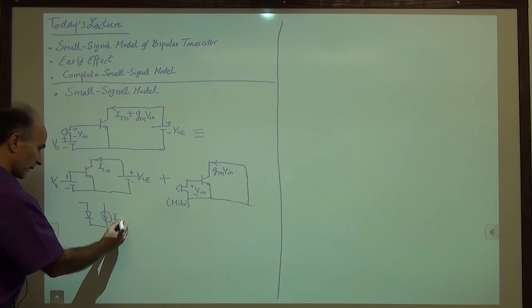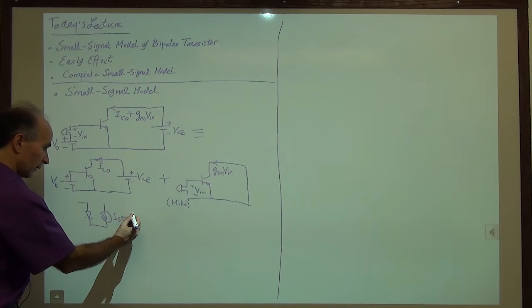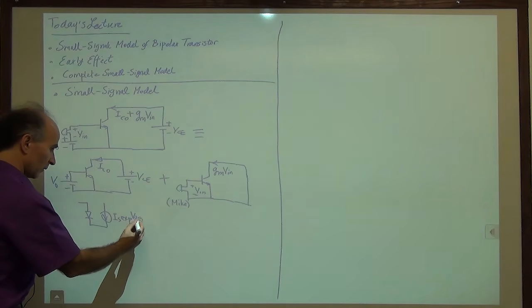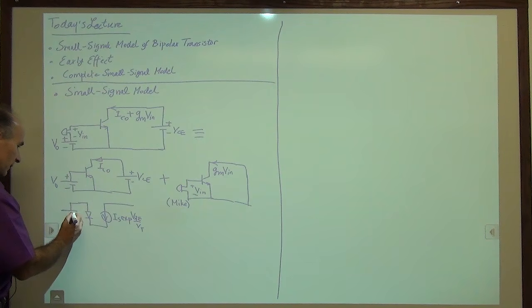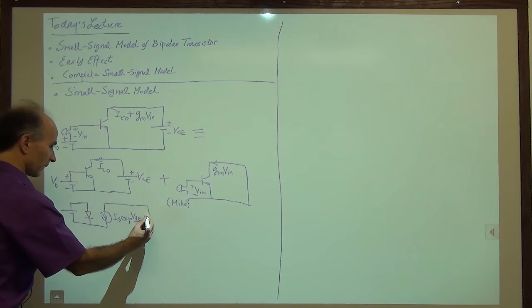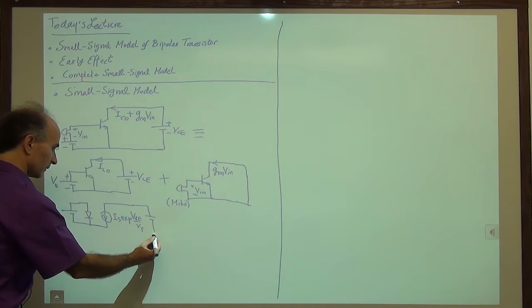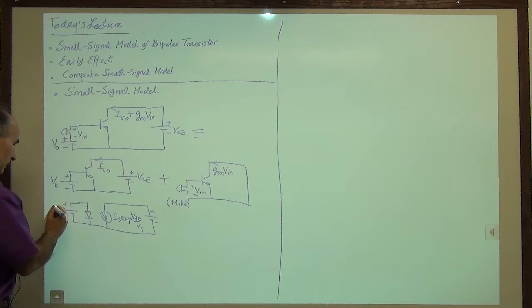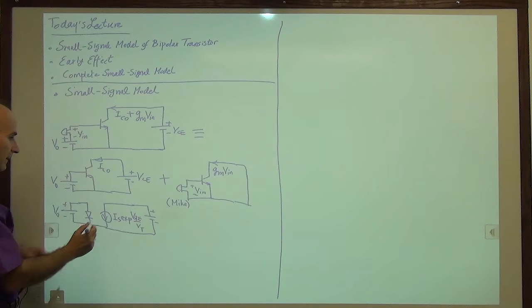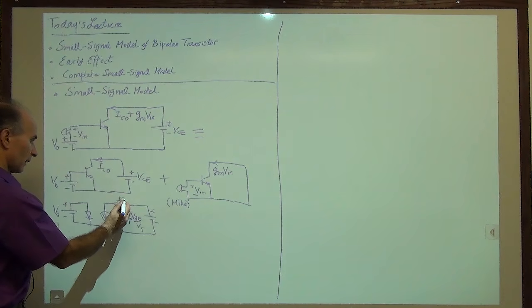And this is IS times exp of VBE over VT, and so forth, right? So we have a V0 voltage here, we have this voltage here, and so on. We can do the calculations as we have seen in the past. And that will give us IC0. So we can find IC0.